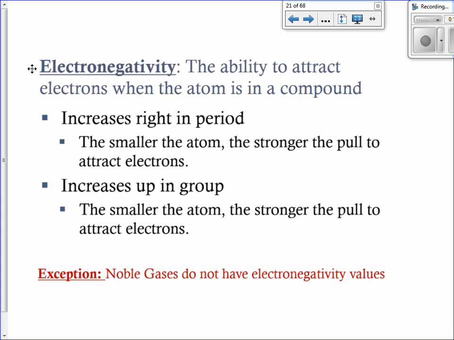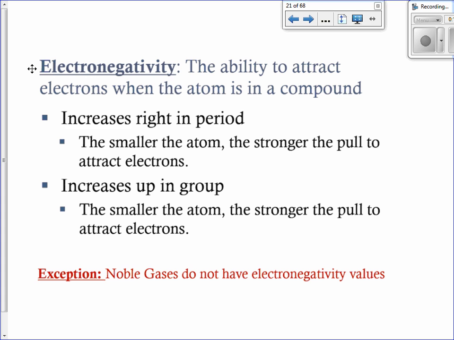All right, electronegativity, which we're going to talk about in more detail next time because we're going to talk about dipoles and polar molecules. It's the ability to attract electrons when the atom is in a compound. It increases across a period, and the smaller the atom, the stronger the pull. So that effective nuclear charge comes into play. It also increases as you go up in a group.